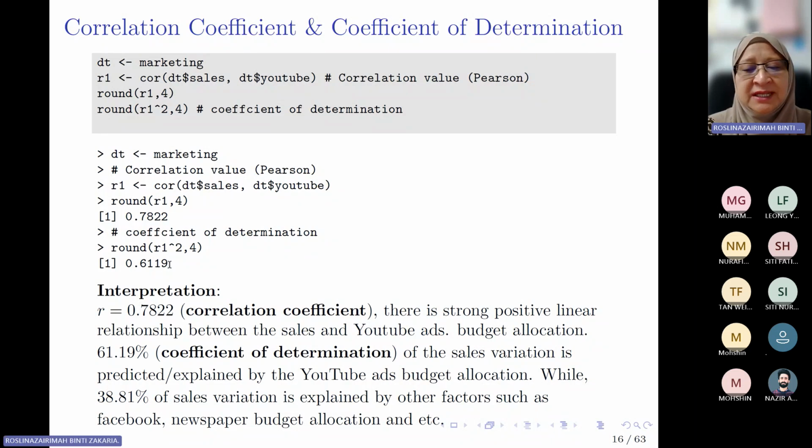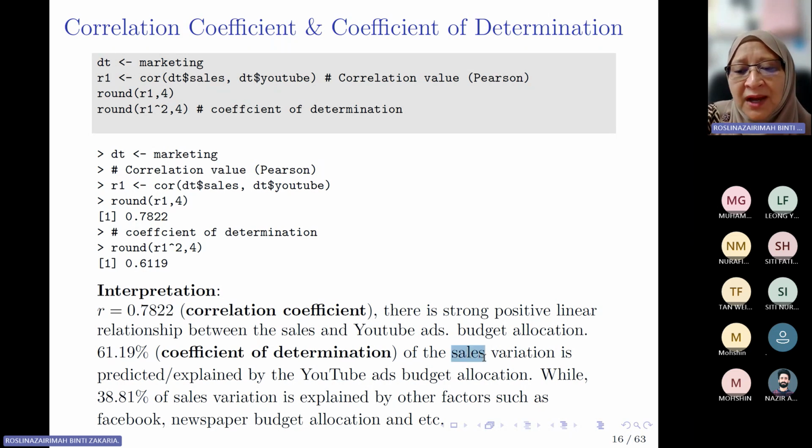Can you get the points there? That is how we interpret, and I expect you to be able to interpret this value for the correlation coefficient. If you square the value, you get the coefficient of determination. When you want to interpret the coefficient of determination, you need to change it into a percentage.